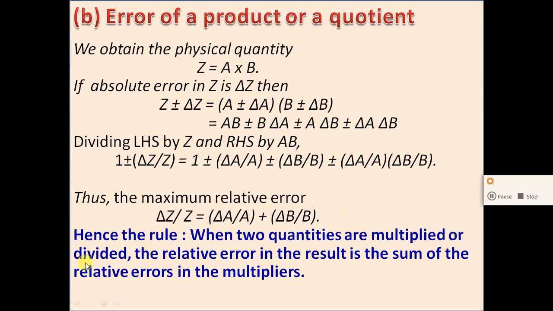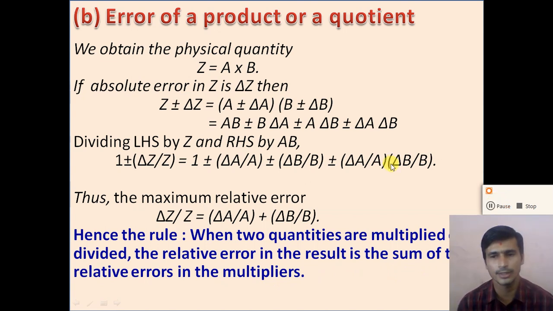Understand? So hence we make a rule for multiplication and division: when two quantities are multiplied or divided, the maximum relative error in the result is the sum of the relative errors in the multipliers.